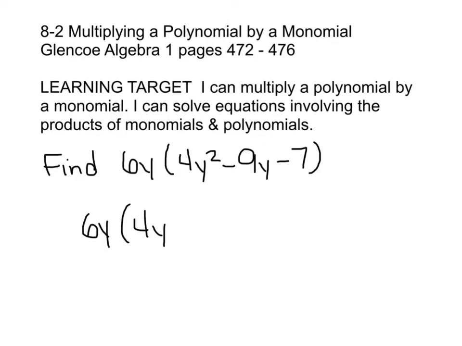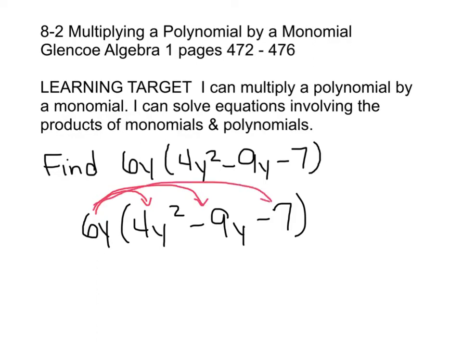I'm going to rewrite the problem so that you can see your original problem and go along with me as I do the distributive property. So I'm going to distribute that 6y to every term inside parentheses.